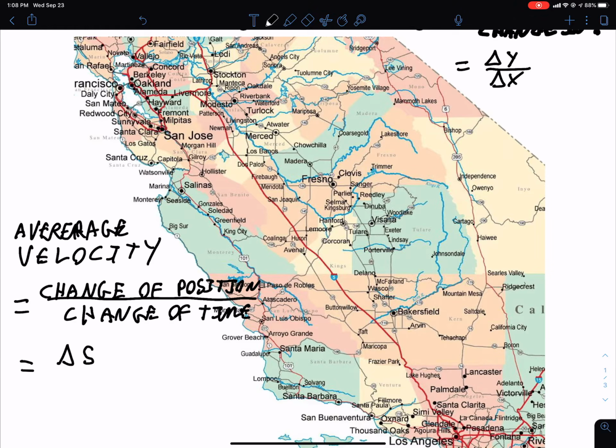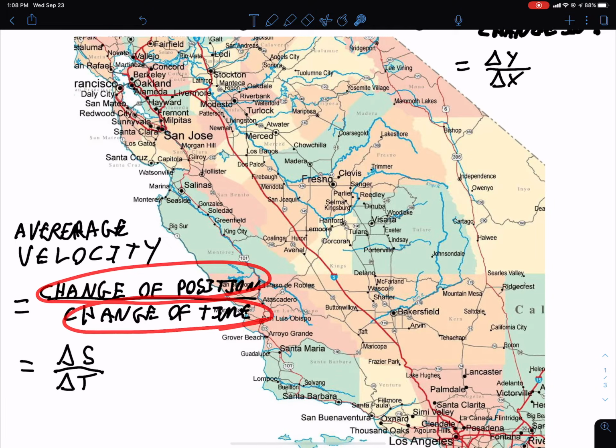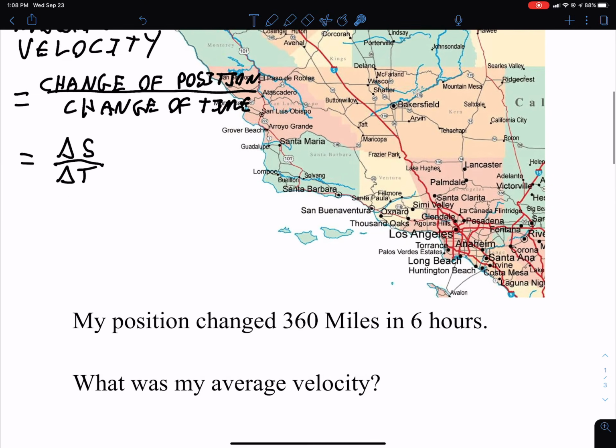Sometimes position's S, sometimes we'll use X. It just all depends. So if S represents the position, it's delta S over delta T. So that would be average velocity, which is the average rate of change of the position. So it doesn't have to be Y's and X's when you graph. It could be a position and it could be time. So that's kind of what's going on with average velocity.